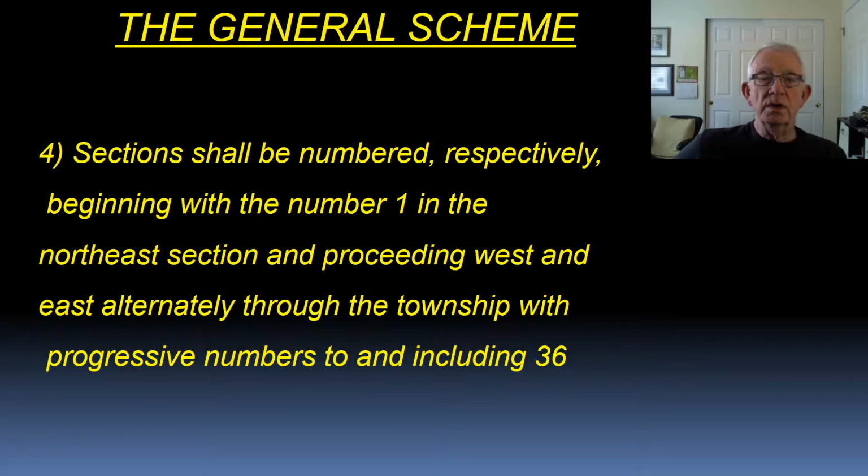The sections were going to be numbered from 1 to 36, with number 1 starting at the northeast corner of the township, heading west to section 6, dropping south to section 7, then heading back east to section 12, and so forth back and forth until section 36 at the southeast corner of the township. The way that this system was developed, it's called boustrophedonic, and it literally is Latin for as the ox turns while plowing. Now that you're not going to forget.